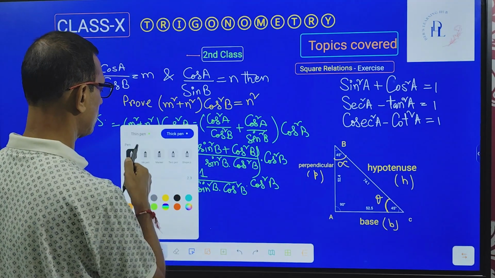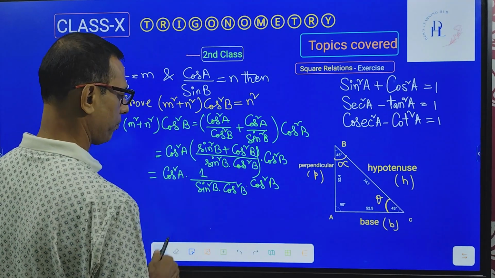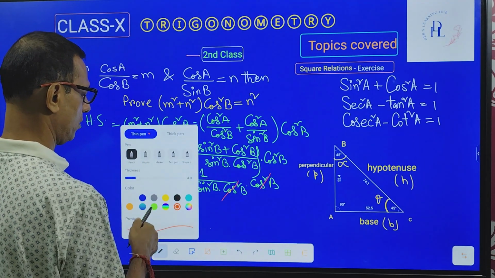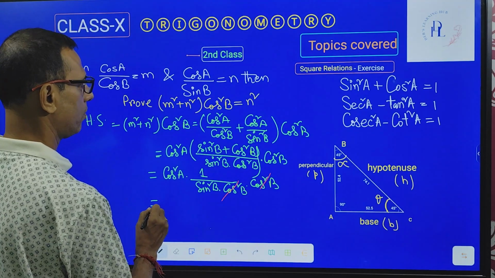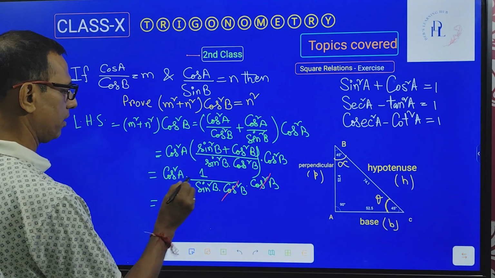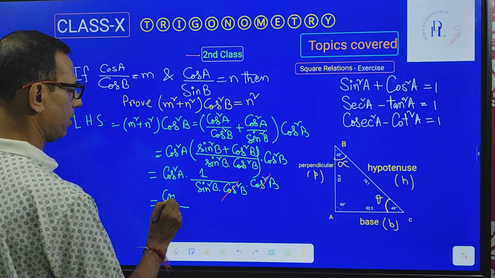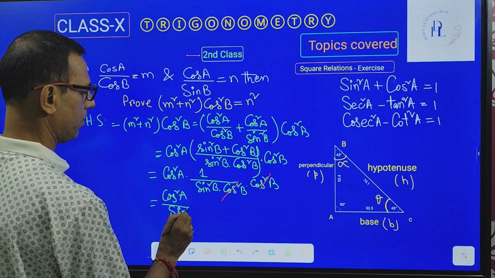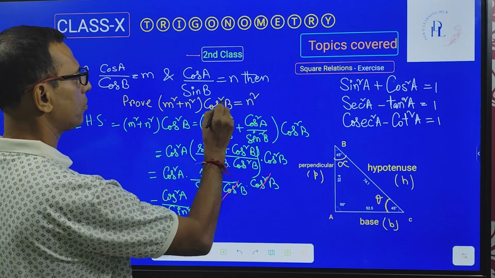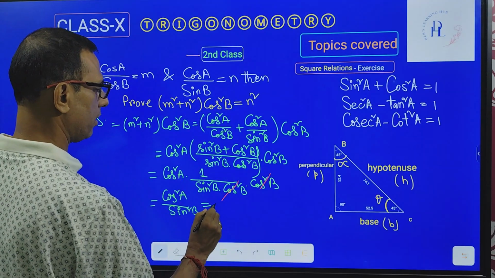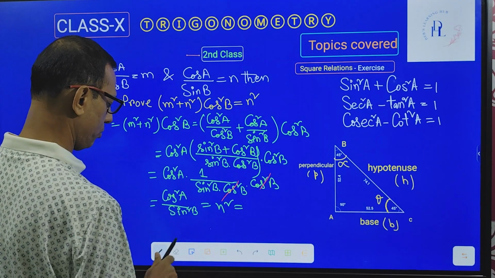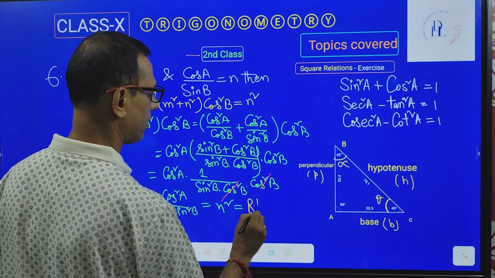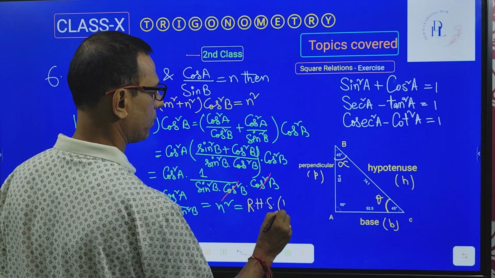Then you just cancel this one, right? What will happen? Cos square a by sin square b. That is equals to cos square a by sin square b means n square. That is equals to your right hand side. Proved.